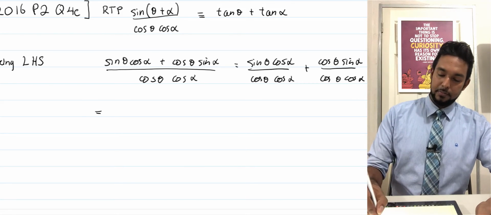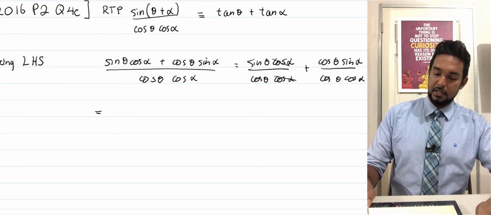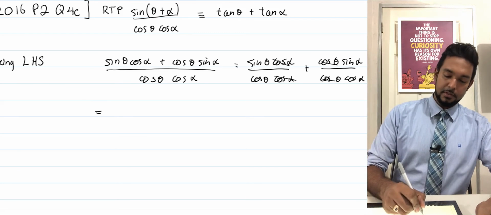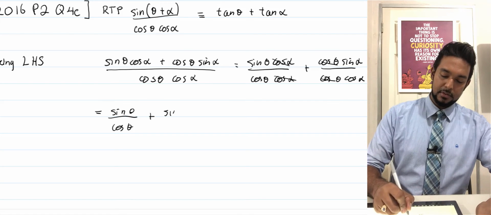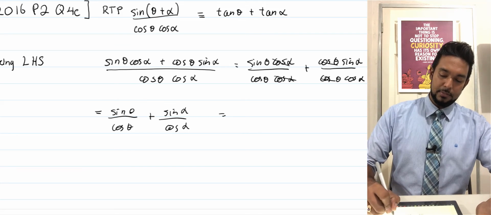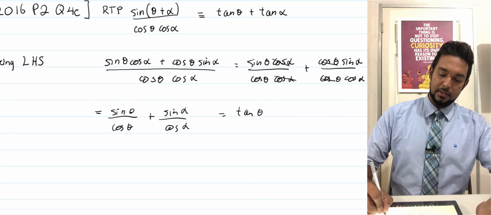And guess what happens there? Cos alpha cancels with cos alpha, cos theta with cos theta. So we end up with what? Sine theta over cos theta plus sine alpha over cos alpha. And that simply gives us tan theta plus tan alpha.